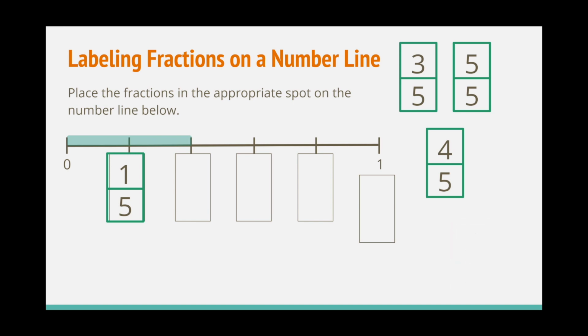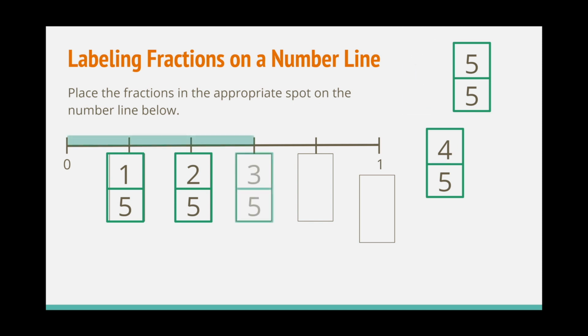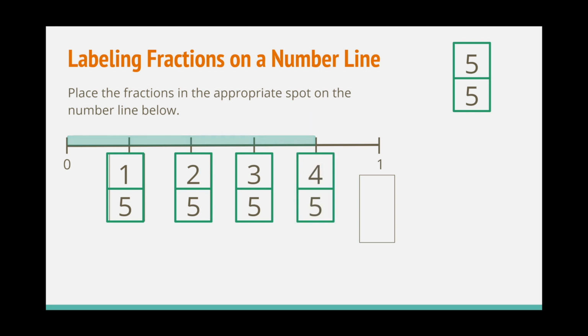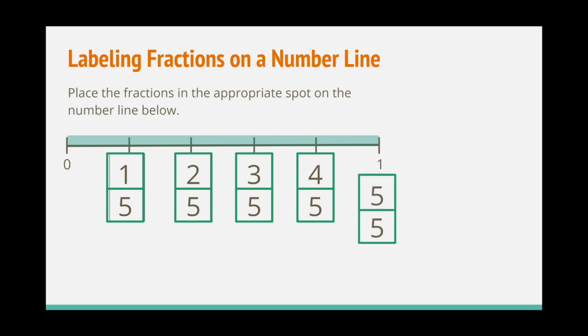That would be 2/5. Now 3 would be 3/5. 4 is 4/5. And the last one, if the whole number line is colored in, or we have all the parts, it's 5/5, which is the same as saying 1 whole.